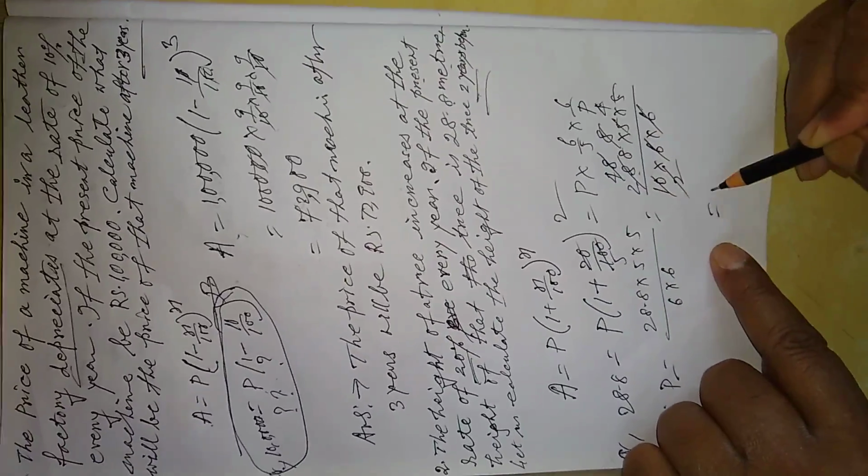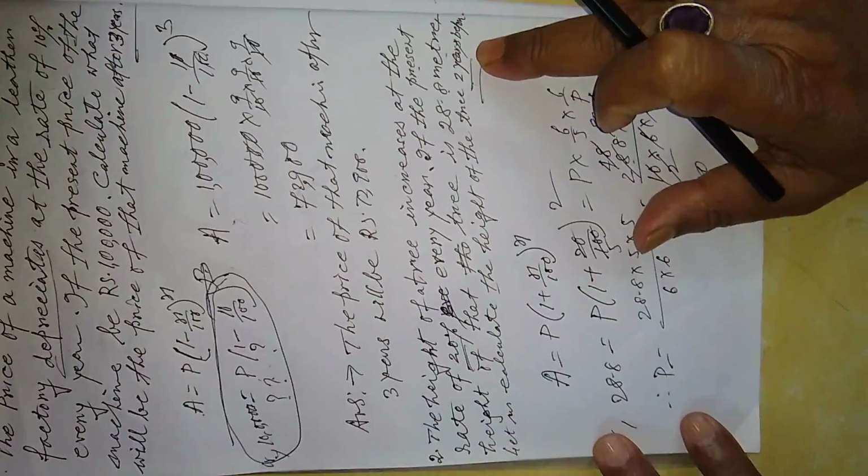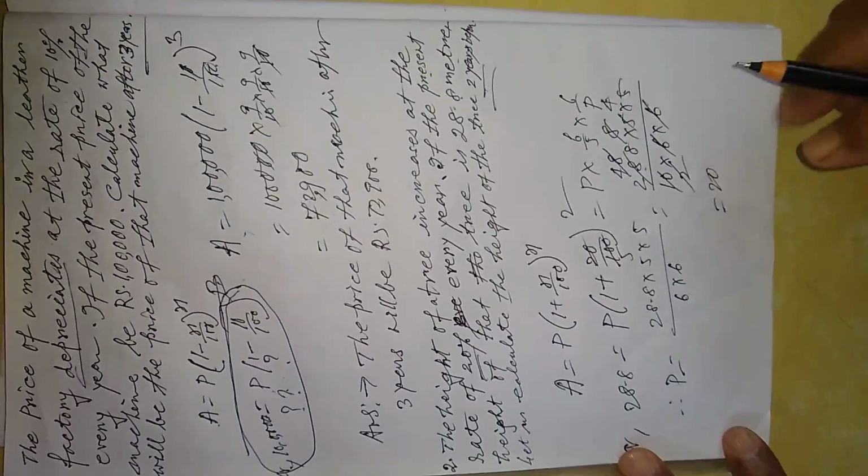So 5 into 4, that is 20. So 2 years before, the height of that tree was 20 meters.